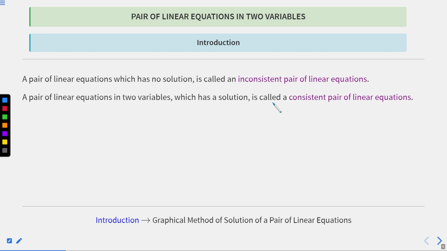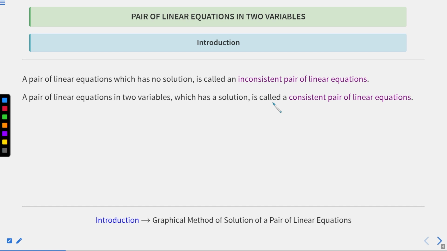Okay, so when is a pair of linear equations in two variables called an inconsistent pair, and when is it called a consistent pair?